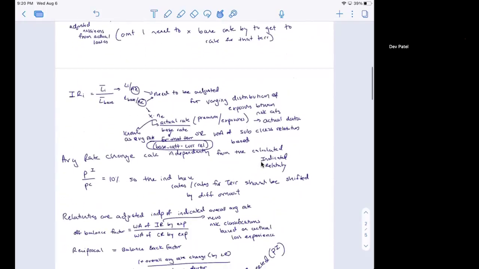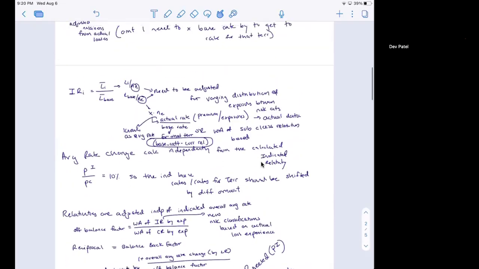And to assess those different levels of risk, we have current relativity. Now, if those are adjusted for the actual loss experience, that is referred to as indicated relativity. And then we can use the indicated relativity to get the rates for the classes in the forecast period after we've determined an off balance factor from the original rate change that we've calculated.